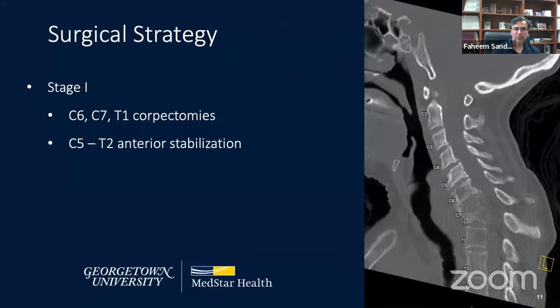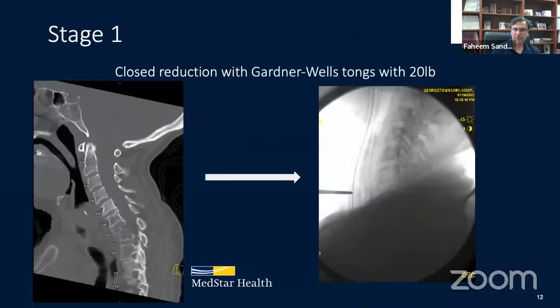And then stage 2 would be a posterior approach with C2 to T5 stabilization, laminectomies, facetectomy at C7, T1 to decompress the nerve roots, and then provide posterior stabilization.